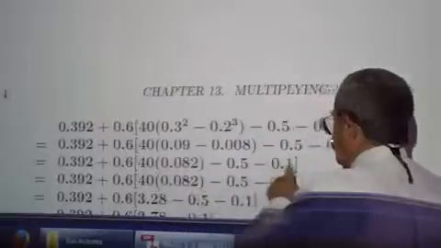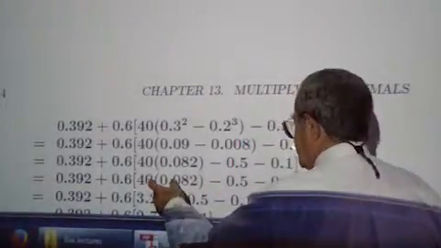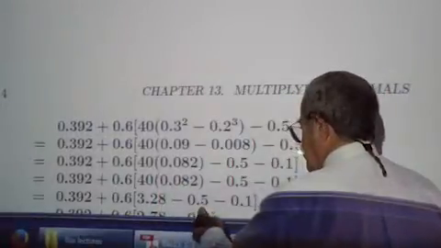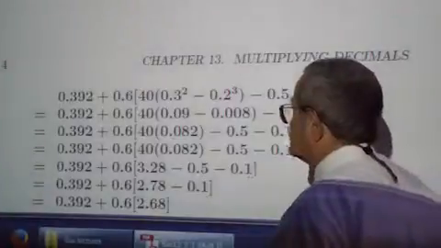Your next group is the brackets. In the brackets you have a multiplication, and then you have a subtraction, then you have another subtraction. I let you copy this one step at a time.